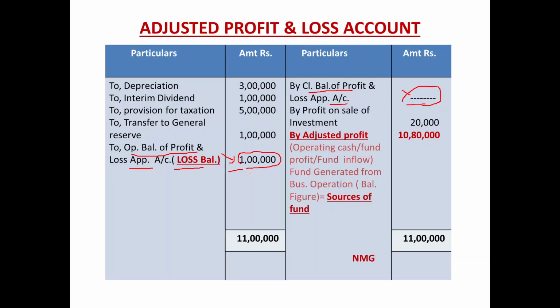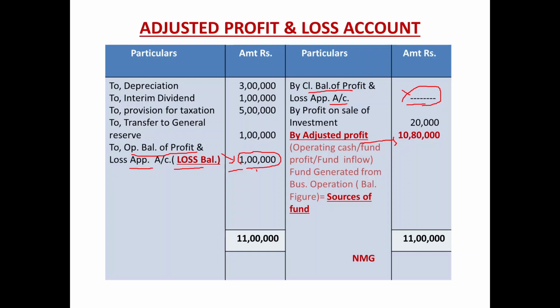And now, as usual, we are going to convert this net profit into fund profit, cash profit generated only from business operation transactions, and ultimately from this 1 lakh we will reach this 10 lakh 80,000, adjusted fund profit generated from business operation.